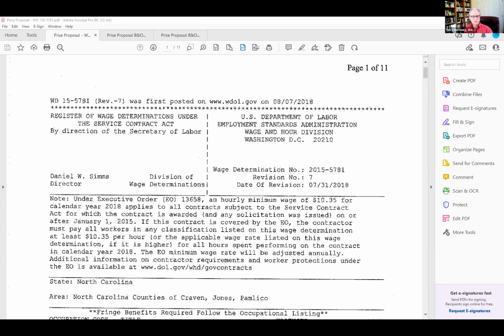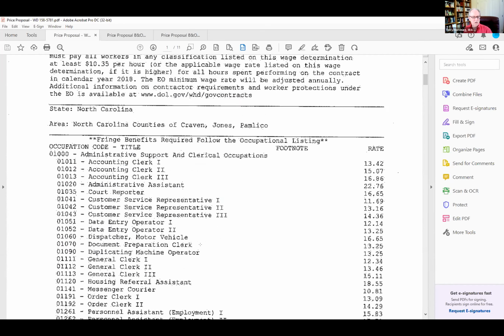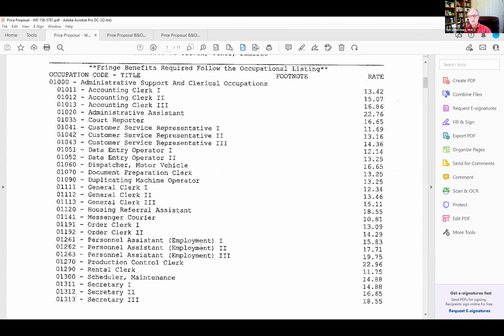So if we scroll down, I think maybe to the bottom of that first page, yes. Now you're going to start seeing labor categories, what they call occupation codes. So this goes on for pages, and it's your blue collar workers, not the management staff, not the superintendents, the project manager, the quality control manager, whatnot. Those are considered professionals. The wage determination is for the blue collar workers.